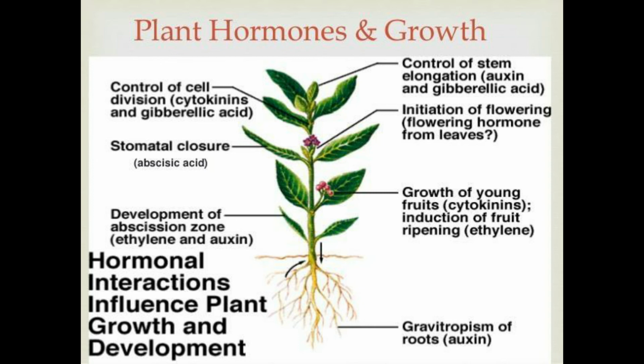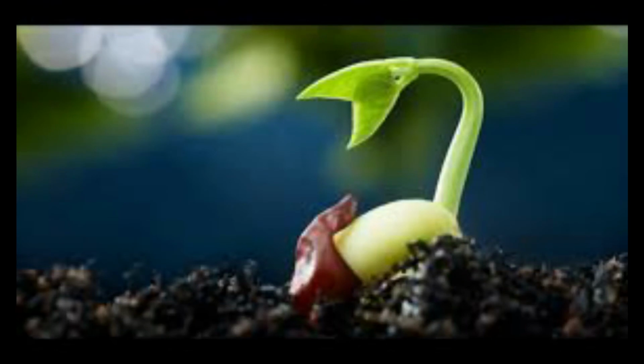Now, first of all, we have to understand what is meant by dormancy. Seeds are generally in a dormant state. Now, what is a dormant state? The state when the seed is in an inactive condition, that is, when there is no growth taking place from the seed.